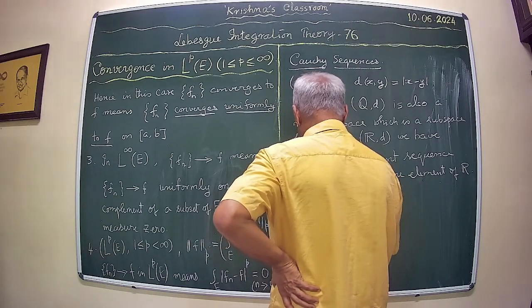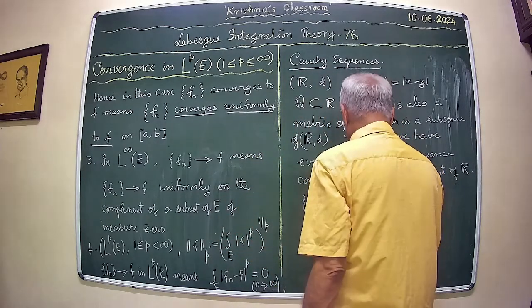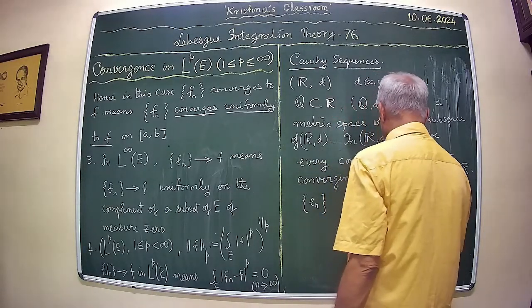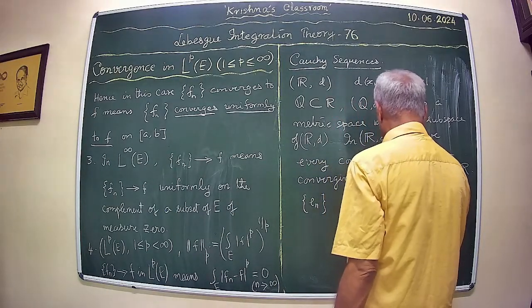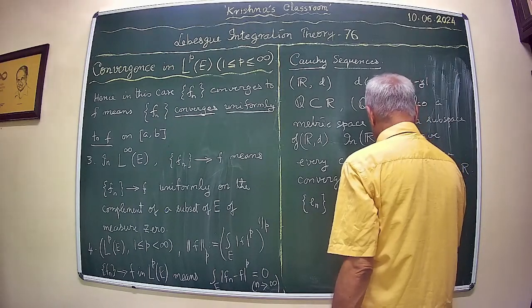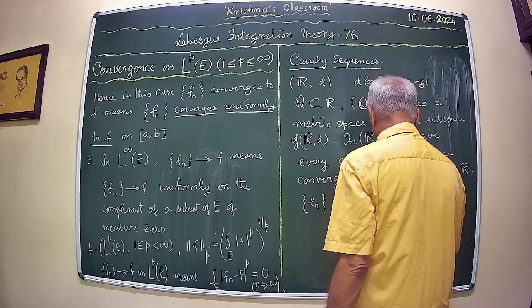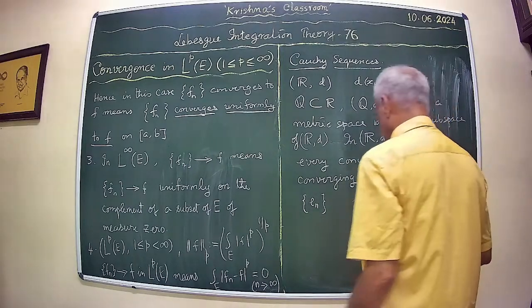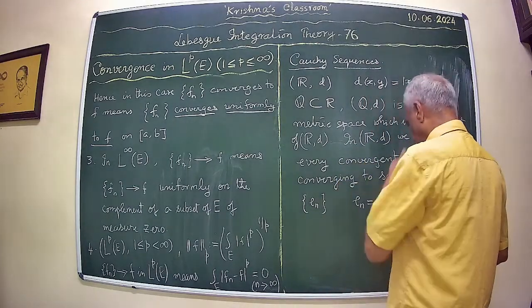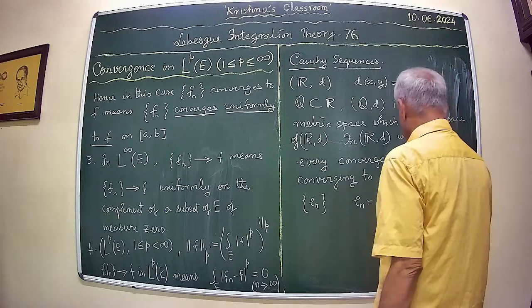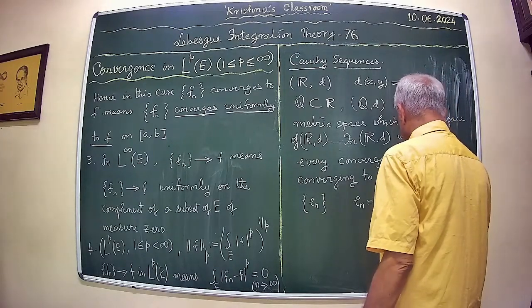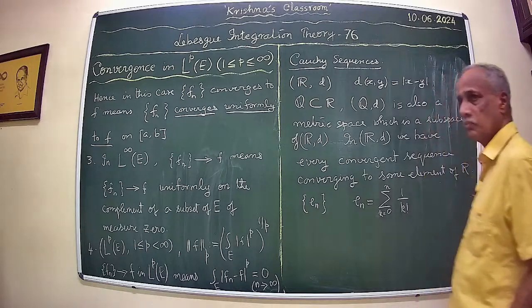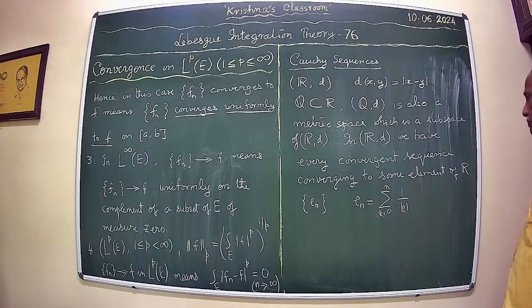We write e_n to be equal to the sum from k equals 0 to n of one upon k factorial.